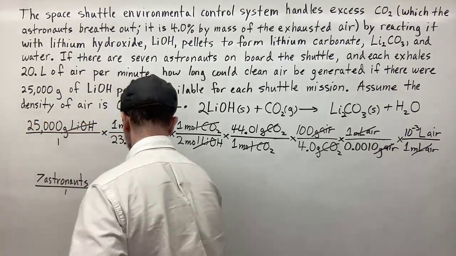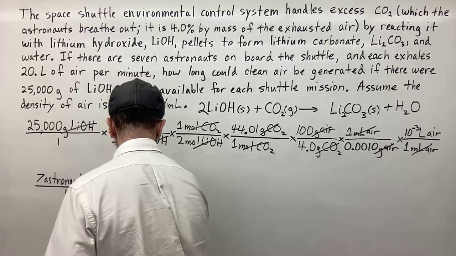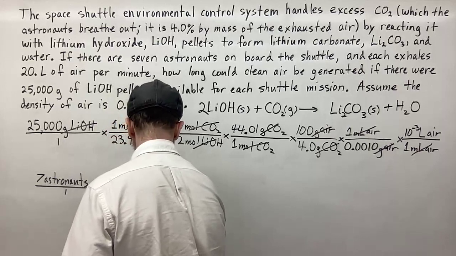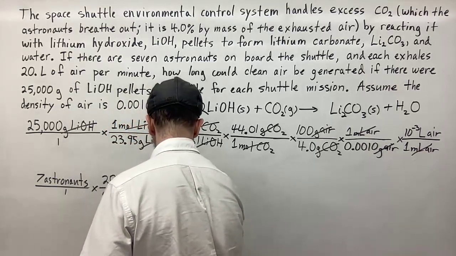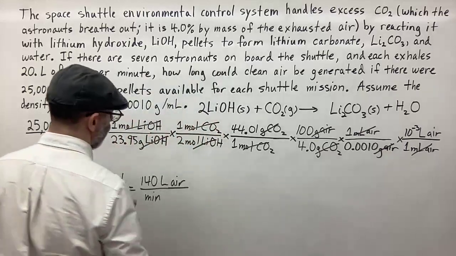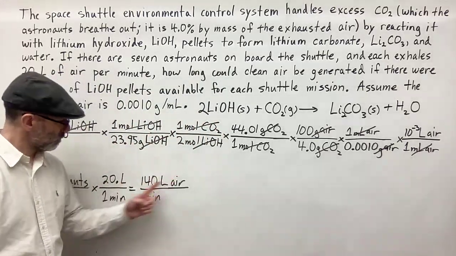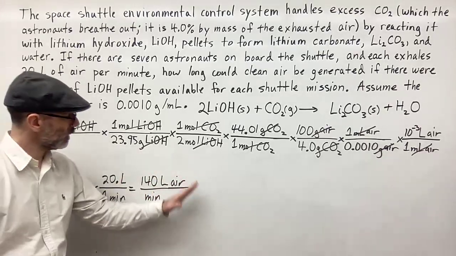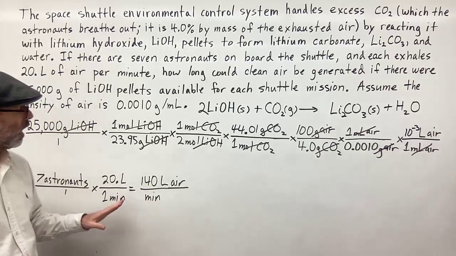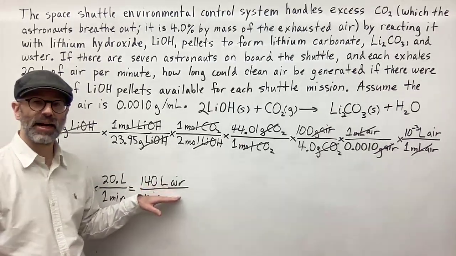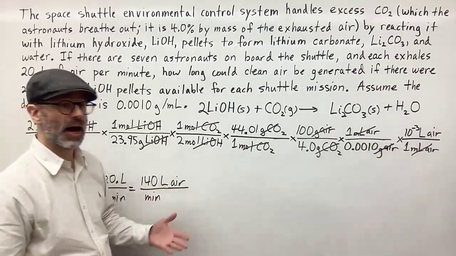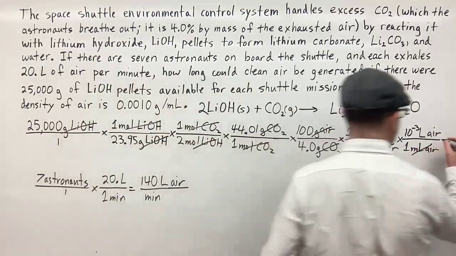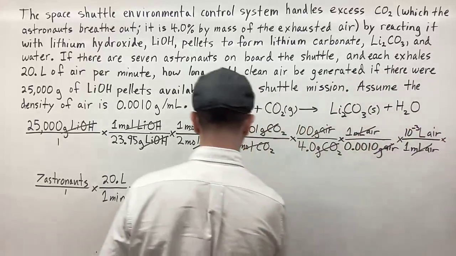So when I multiply this, that gives me 140 liters per minute exhaled. So with all 7 astronauts, 140 liters of air is going to be exhaled per minute. Now I can use this to convert the liters of air that I have into time in minutes. So I'll continue down here.